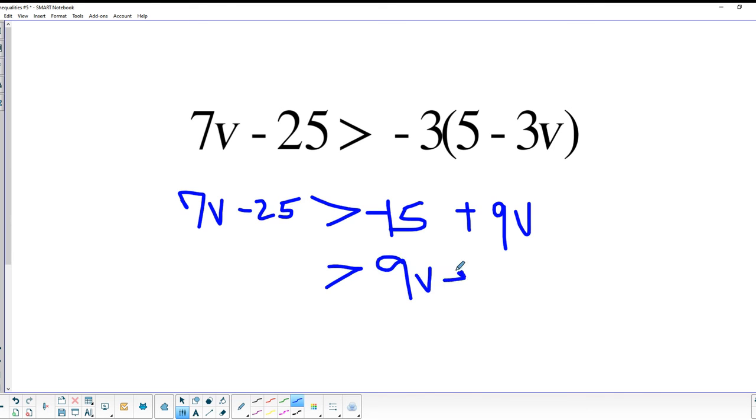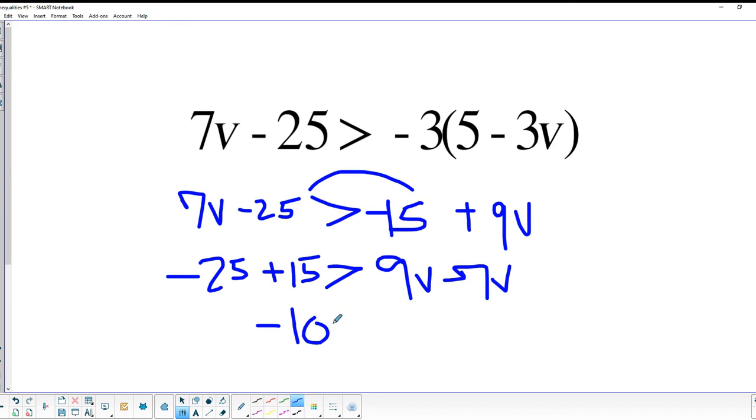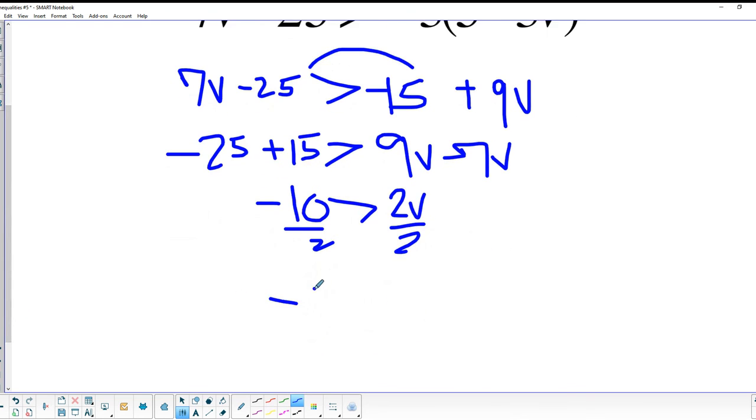And on the left side, I will have negative 25 plus 15 when I move the negative 15 over, and it becomes positive. Negative 25 plus 15 is negative 10. 9v minus 7v is 2v. If you divide by 2, you end up with negative 5 is greater than v.